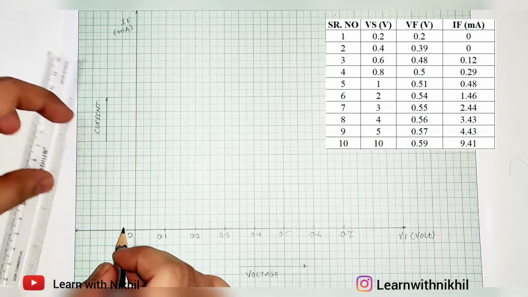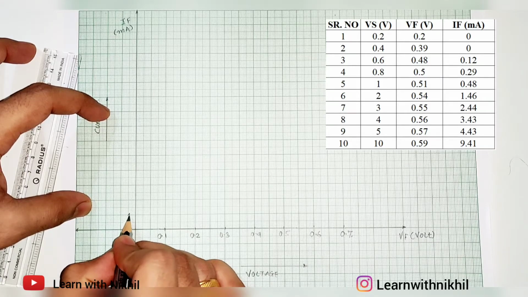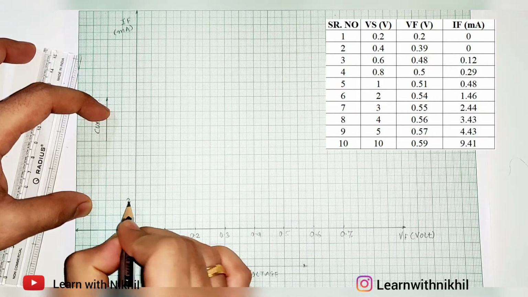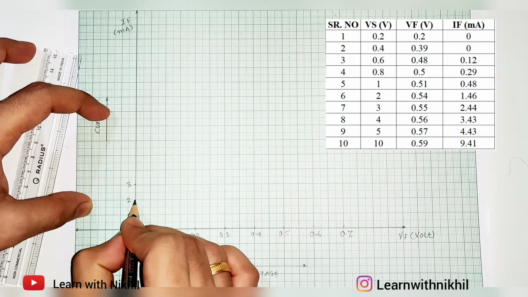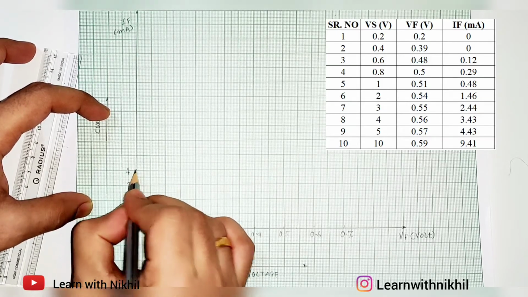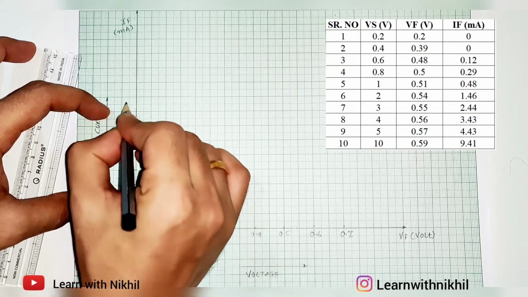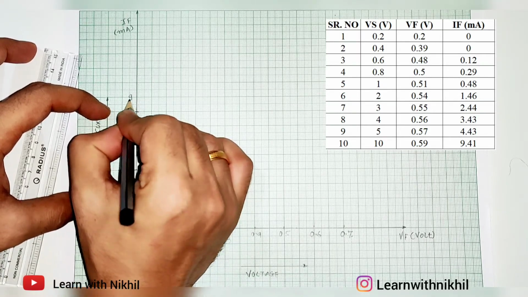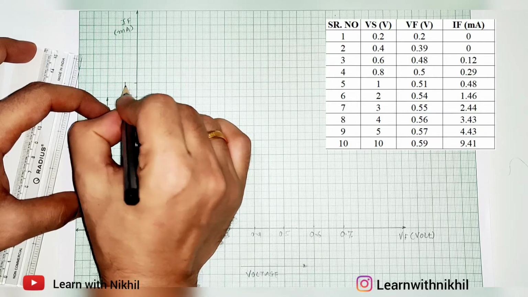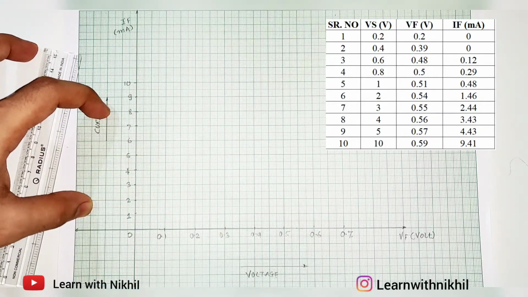Now on y-axis, we have current. We'll mark 1, 2, 3, 4 till 10 milliamperes. You can take the division as you want, just the graph curve should be proper.